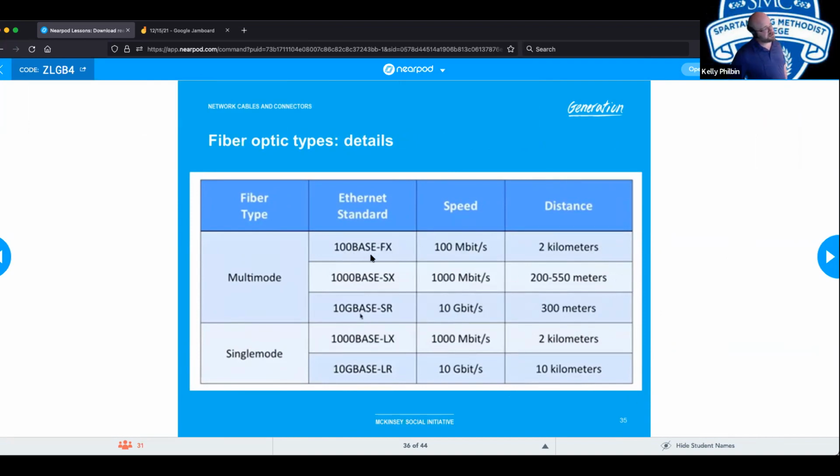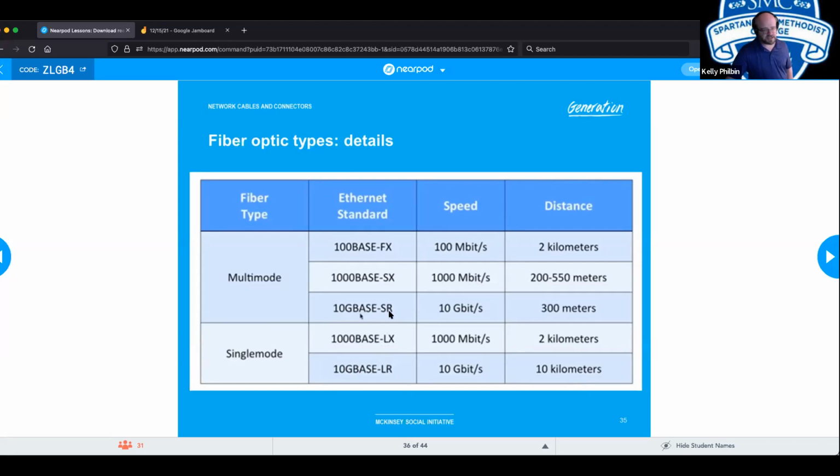And we see the return of the base. Easy way to remember it. So remember the number in the front tells you how many gigabits per or megabits per second. So 1,000 megabits per second would actually be 1 gigabit. And then you have a 10G base here, LR for long range.